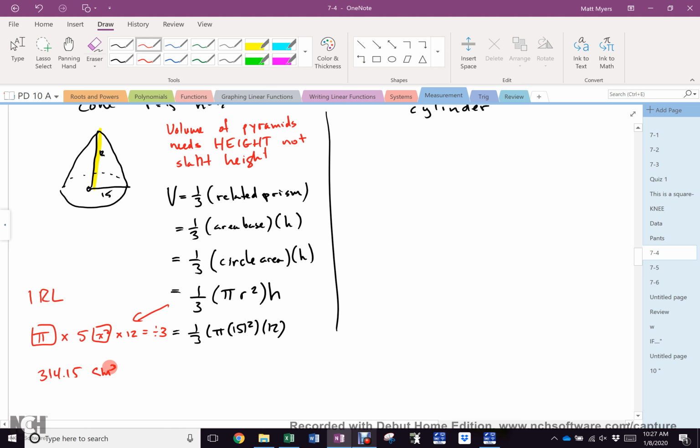Yeah? Now, what is it in math class? What's 15 squared? 225. What's 225 times 12? Use your calculator if you need to. 2,700, right? What's that divided by 3?